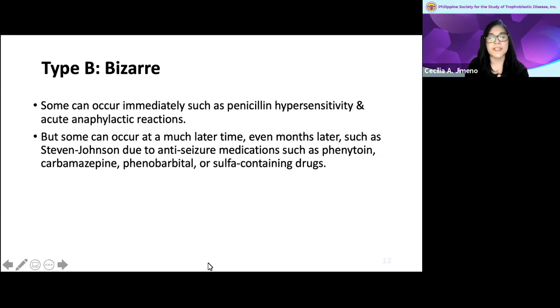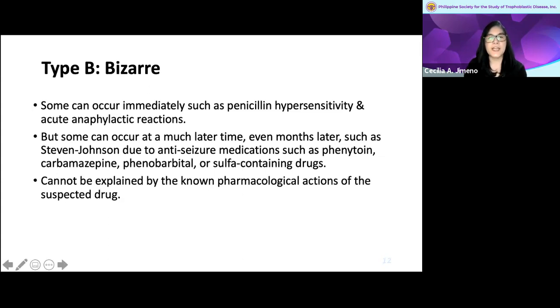So it has been seen that sometimes for Stevens-Johnson syndrome, due to anti-seizure medications, even after they've been exposed to the drug already for several months, they still could potentially develop Stevens-Johnson syndrome. Even for anti-thyroid drugs, carbimazole, methimazole, even if they've been taking the drug already for several months, they can still develop SJS.